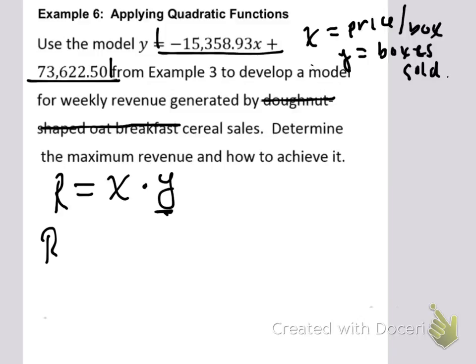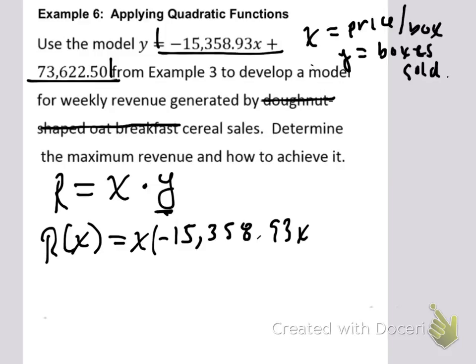So we're going to multiply that whole equation by x.